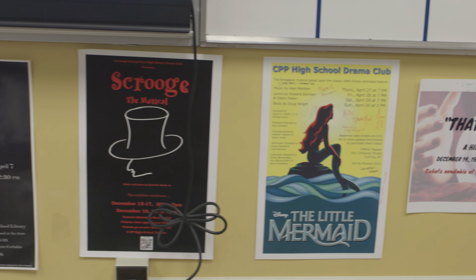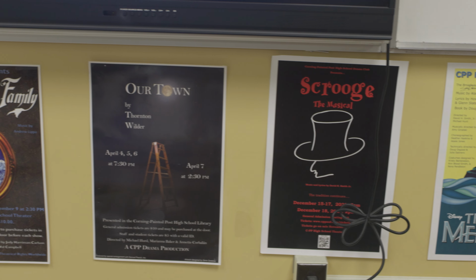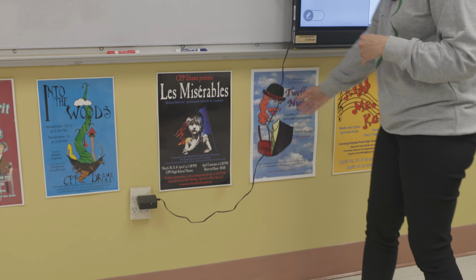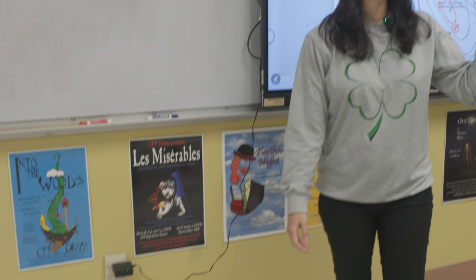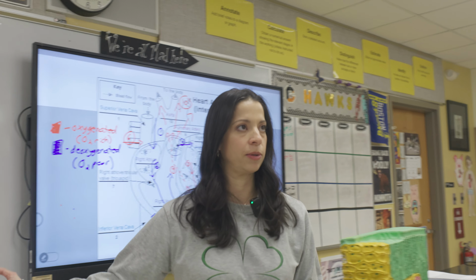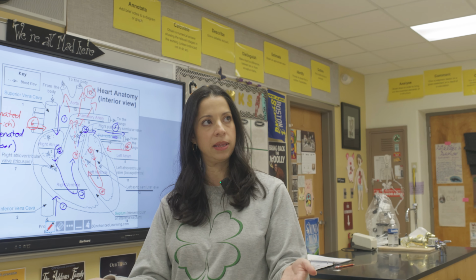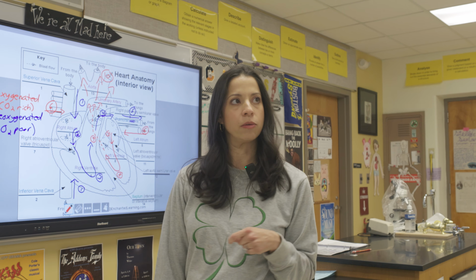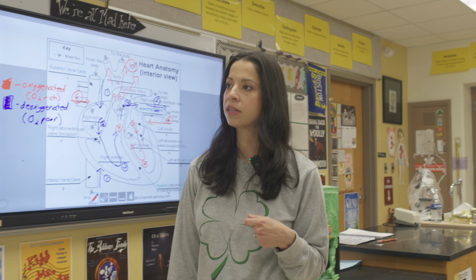And I actually did the costuming through Les Mis right here. I haven't done the costuming for the others because I moved. I live an hour away now, so I had to stop doing that. But that's a way to show students how I'm involved with things that they're doing and they might be interested in. So I have elements of that in the room as well that connect the both of us.